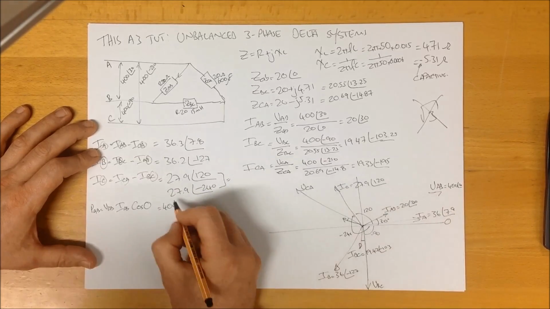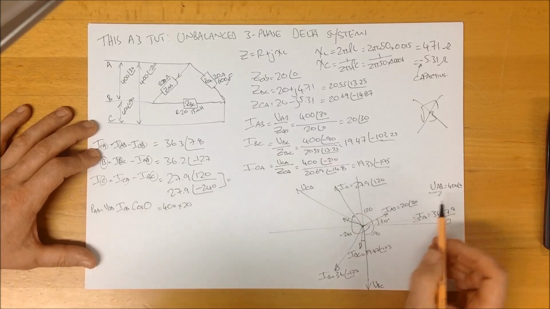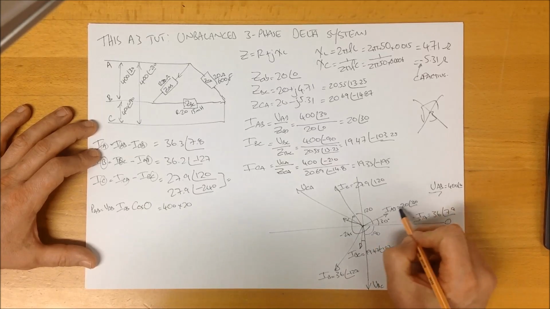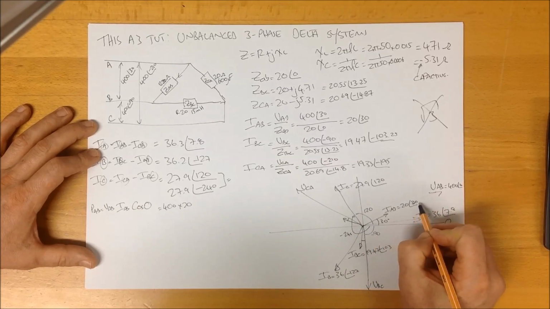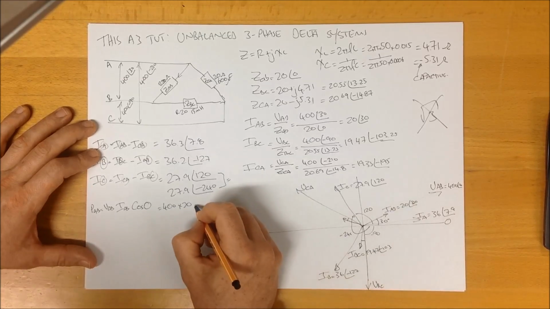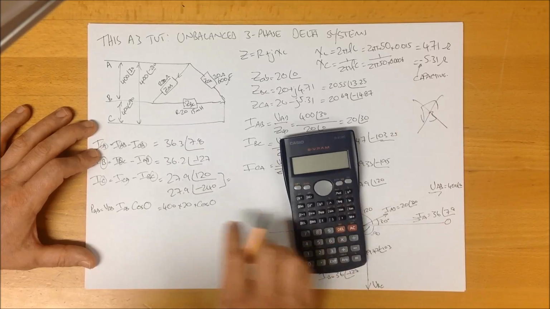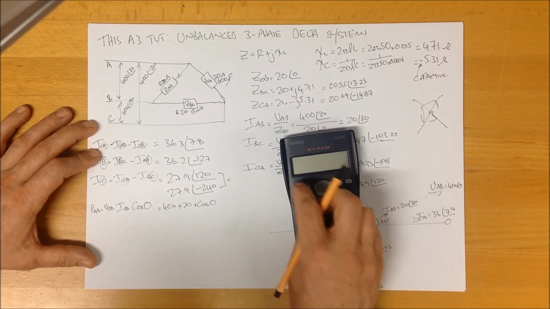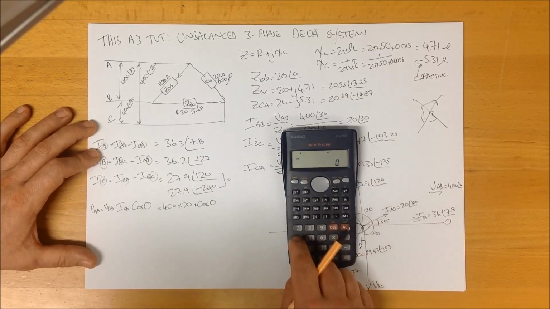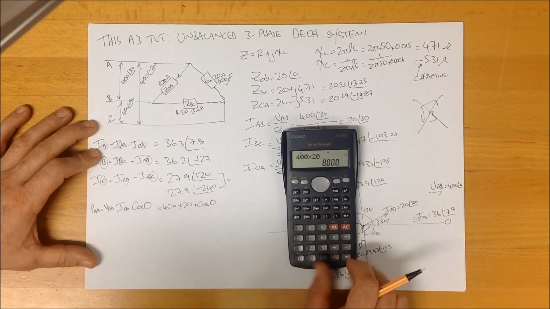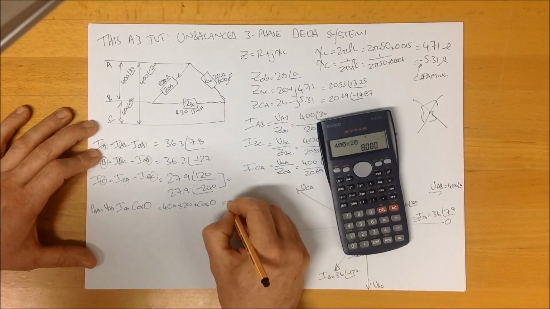The magnitude of the current is 20, and the angle between the voltage and the current, between 30 and 30, is 0. So the cosine of 0 is 1. So the answer is 400 times 20, 8,000 watts.